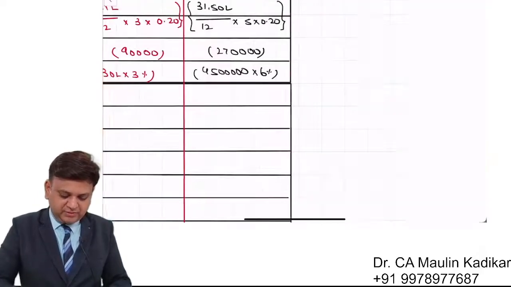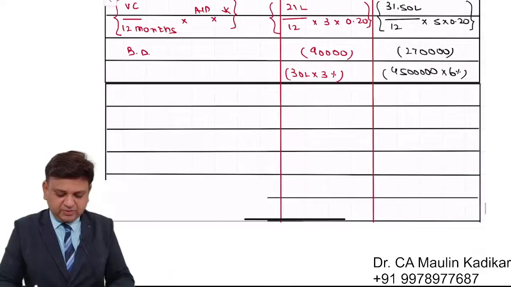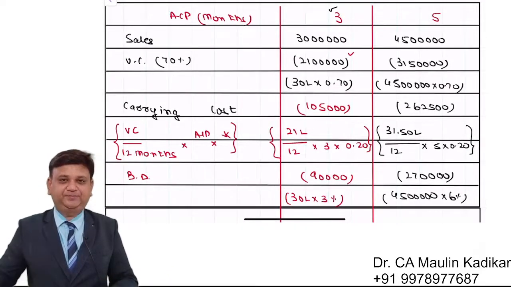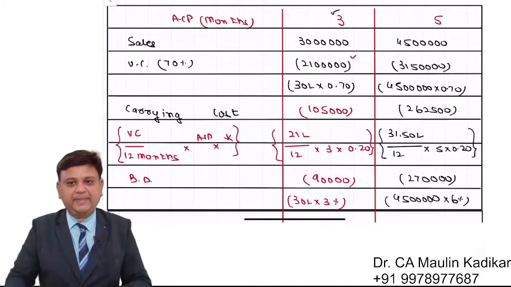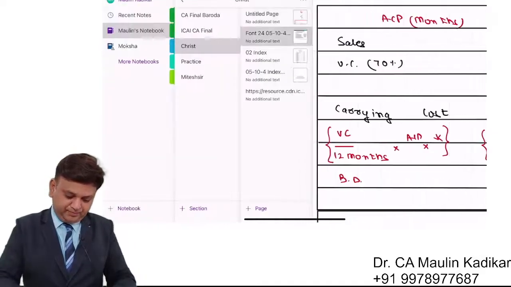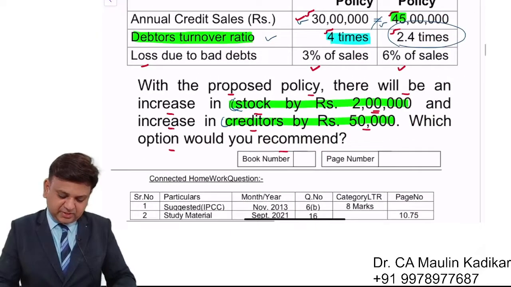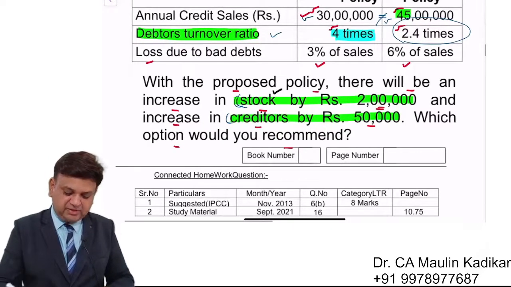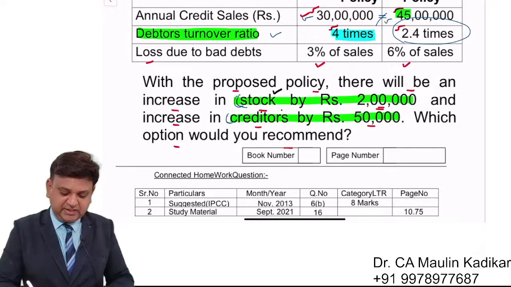So till this point of time, everything is the same as what we already have calculated, with no differences. Now again I am explaining the new point to you. Dear students, the question provides the information that with the new policy, first the stock will increase and second the creditors will increase.